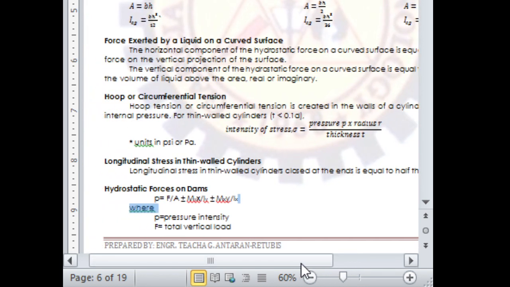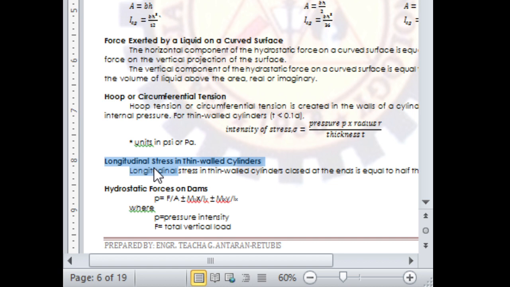It means that you have to solve first the hoop or circumferential tension using this formula, and whatever value you have solved, just get half of that and you'll be able to solve for the longitudinal stress. Again, longitudinal stress is equal to half of your hoop stress or hoop tension.